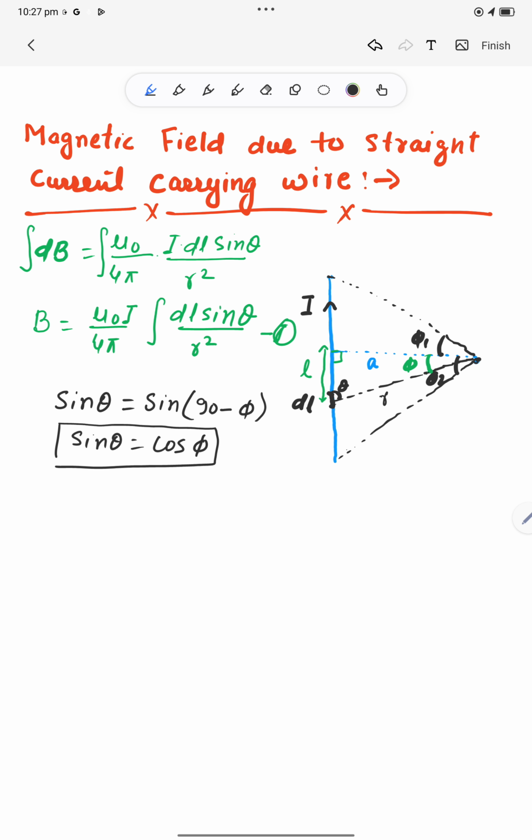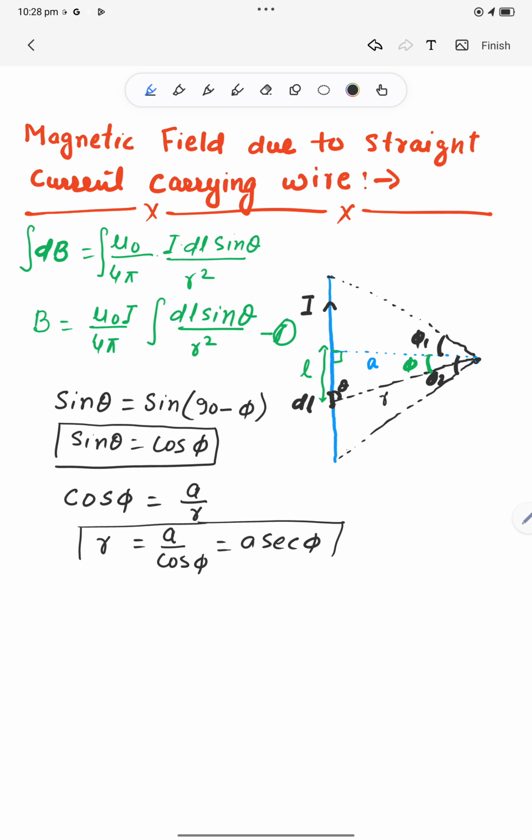To convert r, we apply the cos formula: cos phi is equal to a upon r, so r is equal to a upon cos phi, which is a sec phi.